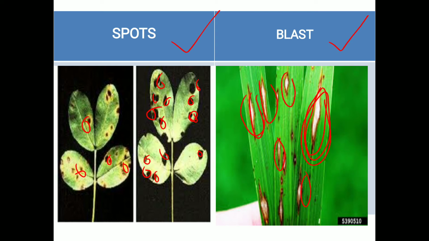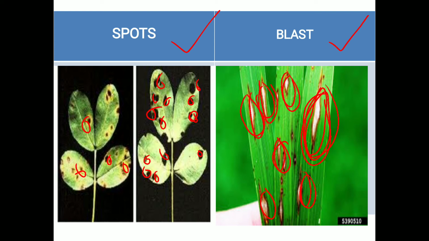Blast means circular or spindle shaped spots, mostly spindle shaped, observed on the leaves. Such spindle shaped spots indicate the presence of the fungus Pyricularia oryzae, because blast disease is mostly caused by the attack of Pyricularia oryzae.